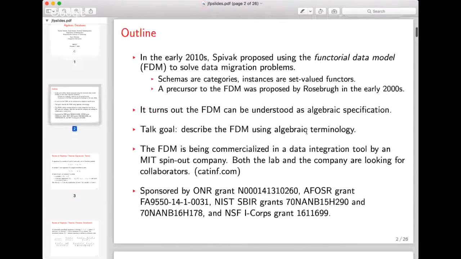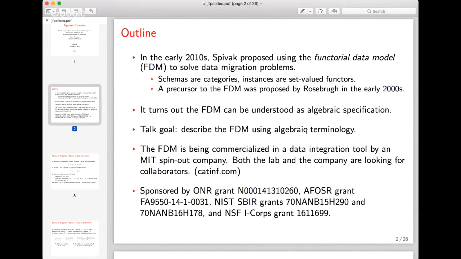My goal here is not to reiterate all of the content of the other lectures on the YouTube channel, but to talk about how you can use the technology of algebraic specification to talk about functorial data migration.